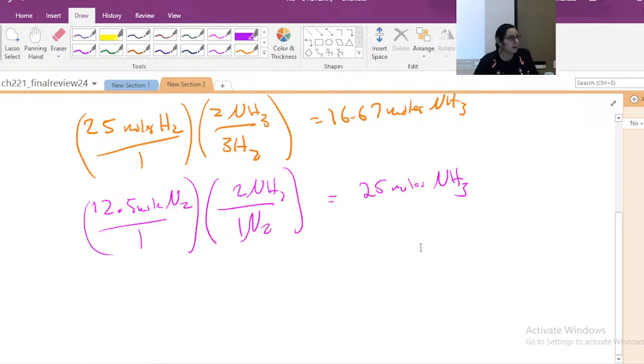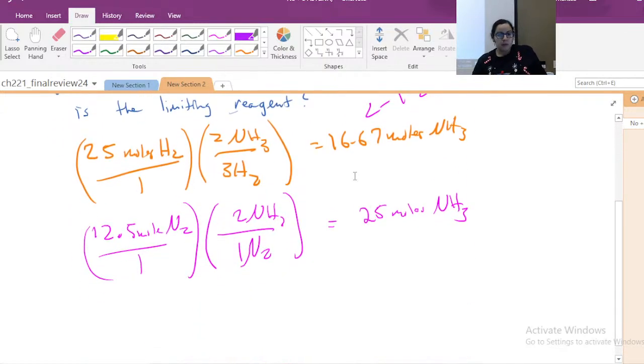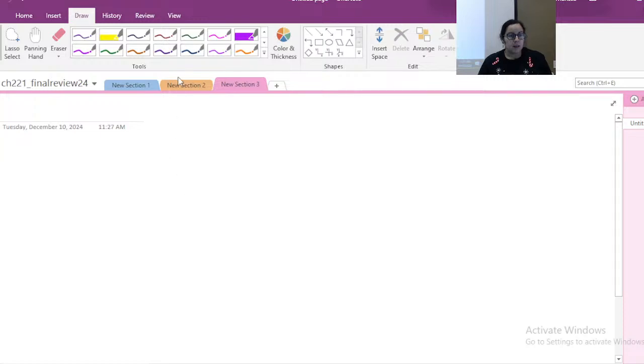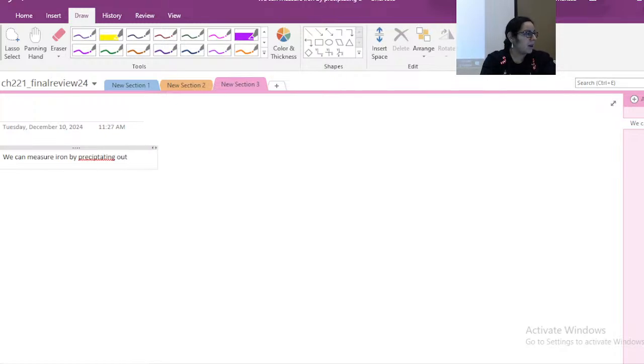Let's do another little stoichiometry one. So we can measure iron by precipitating out iron sulfide.